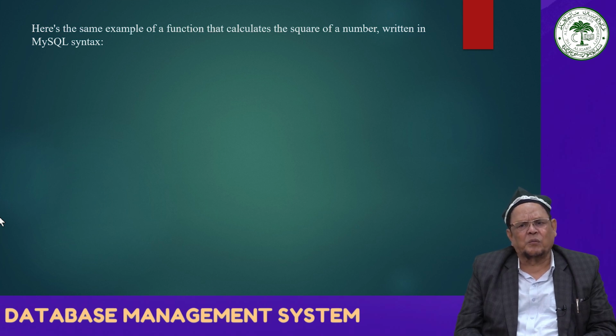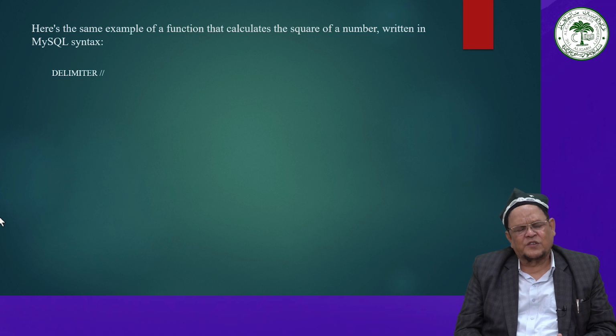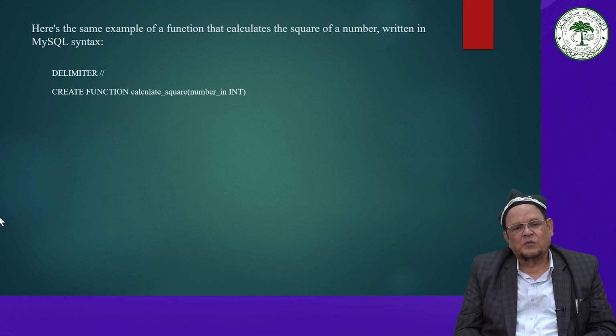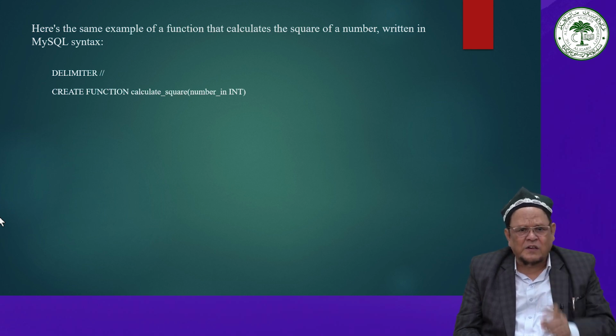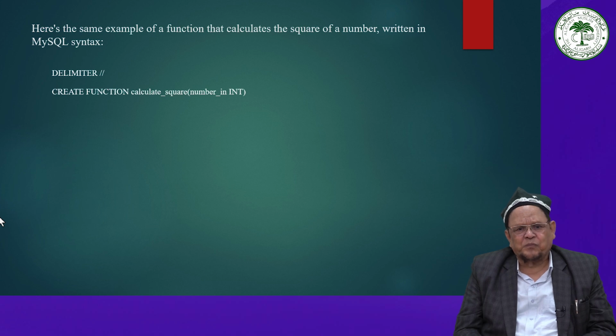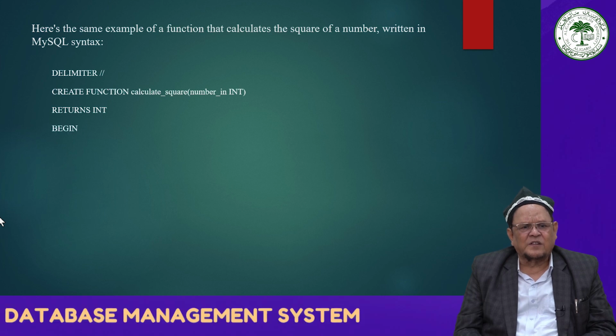Calculate the square of a number in MySQL. In the same way as already explained, you write DELIMITER, then CREATE FUNCTION. Before we had create procedure, here it is create function, calculate_square. Within parentheses, the parameter number is an integer, then RETURNS integer.